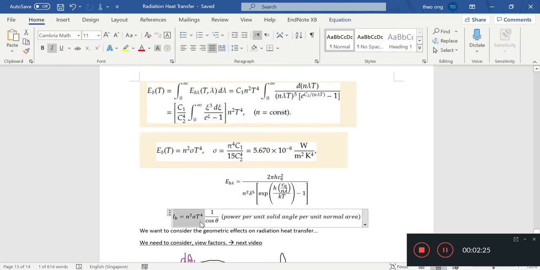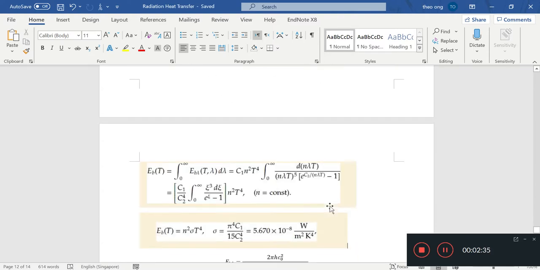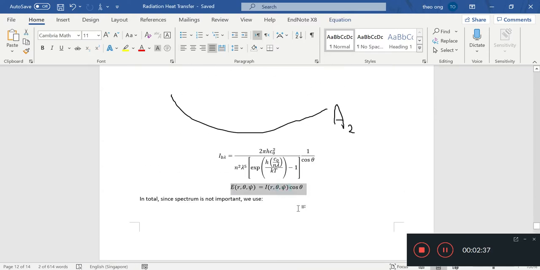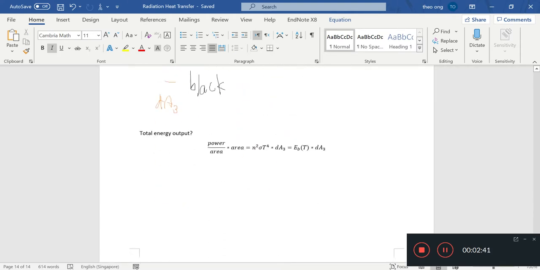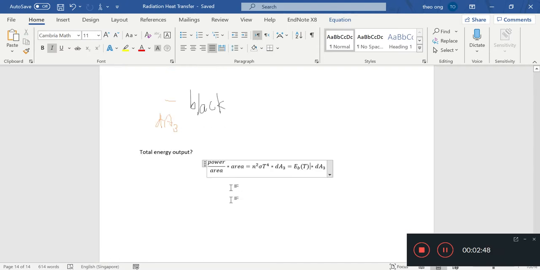I think this one was a little bit of a mistake, so just cancel this. I made a mistake there with the formulas. I'll explain a little bit more later why there is a cosine theta with it. Anyway, we have EBT times dA3. This is the total energy output.